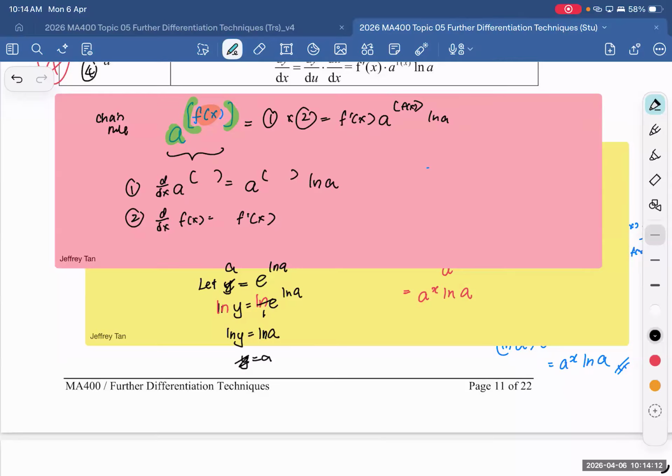Question 2.2. Where am I? A. Question 2.3.